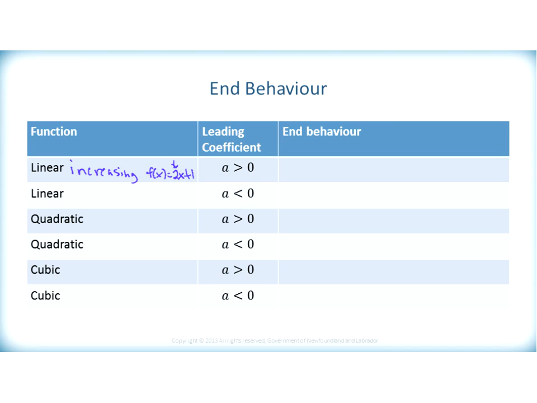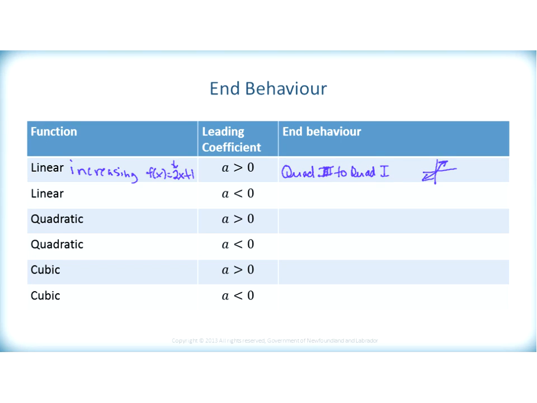And the end behavior of this would go from the graph, the line would go from quadrant 3 to quadrant 1. It would look something like that.